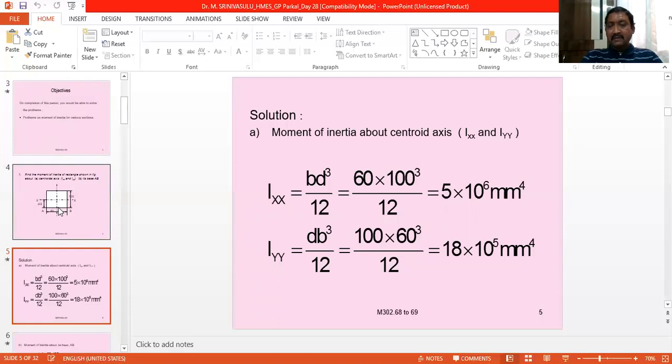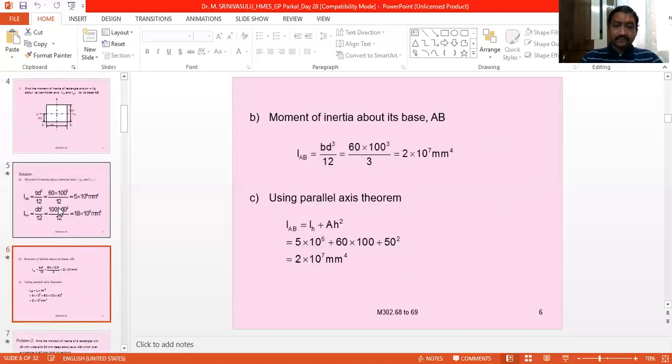So 60 into 100 cube by 12 is equal to 5 into 10 power 6 mm to the power 4. Similarly, the moment of inertia about the y axis, IYY is equal to db cube by 12. Here d is equal to 100, b is equal to 60. So 100 into 60 cube by 12 is equal to 18 into 10 power 5 mm to the power 4.